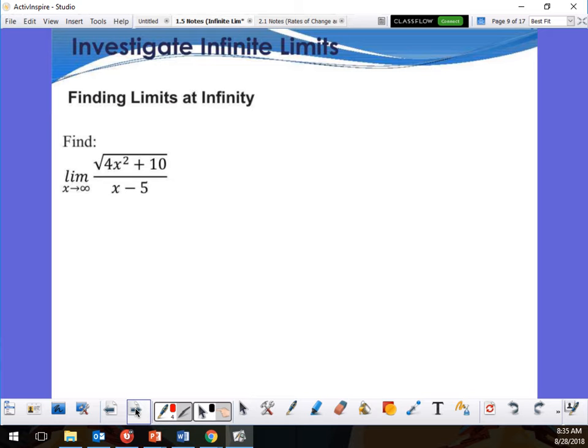All right, so on this right here, I'm going to look at the first terms. Basically I'm going to look at the square root of 4x squared over x. I'm just looking at the leading degrees. Now, what's the top going to give me? The square root of 4 is 2, and the square root of x squared is x, right?